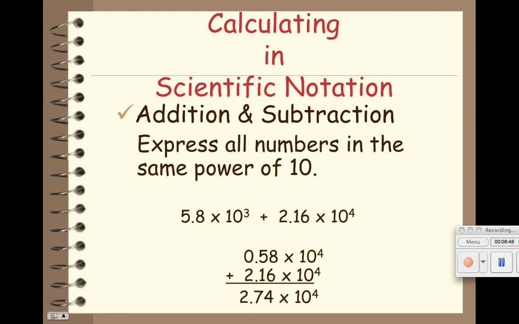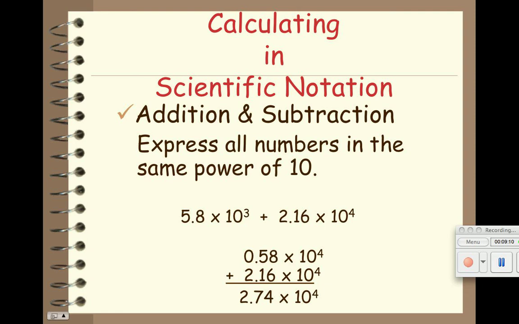Now it's a little bit different when we add and subtract. When we add and subtract, the exponent, the second factor, has to be the same number. So what I have to do is change this number so that we are expressing both in the same factor of 10.